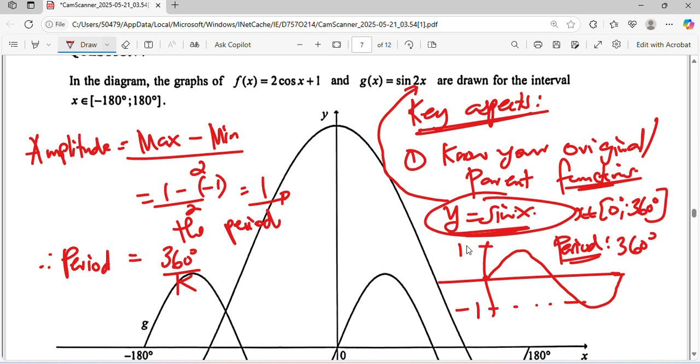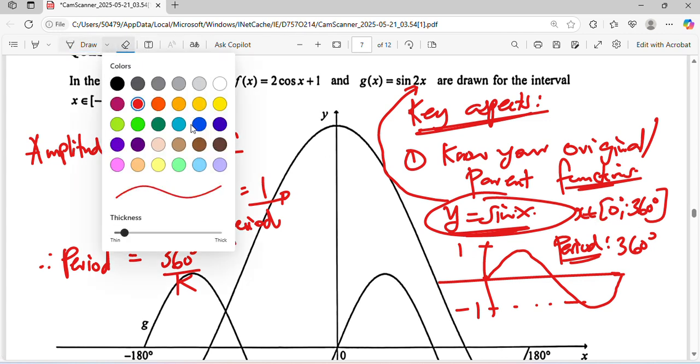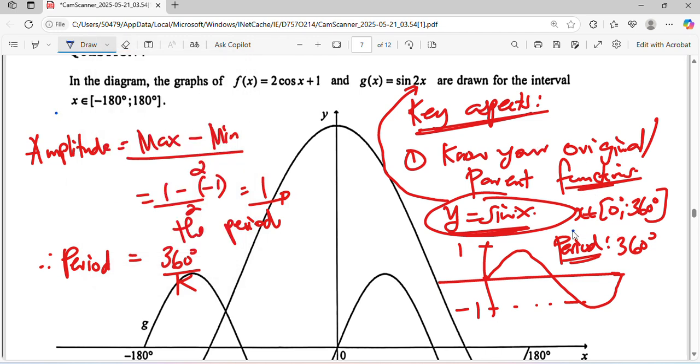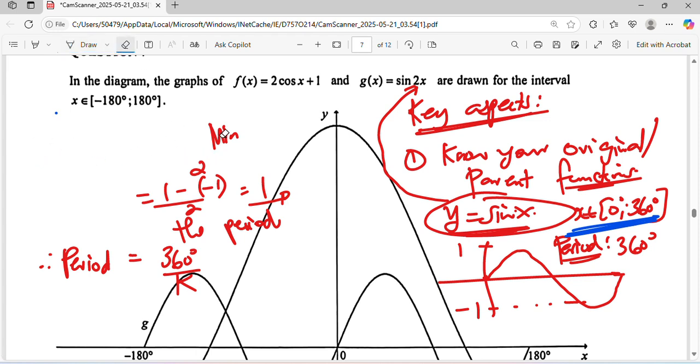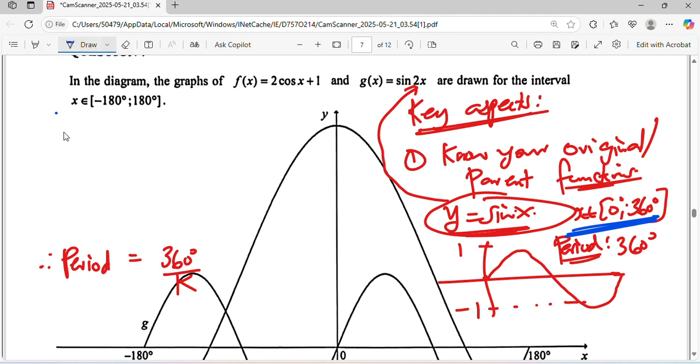You must also be able to get things like the range and the domain. The domain, they give it to you in most cases, because they tell you that the function is sketched within a certain domain. So you have to know your range. What is the range of the original, the mother or parent sine graph? The range is y an element from -1 until 1.